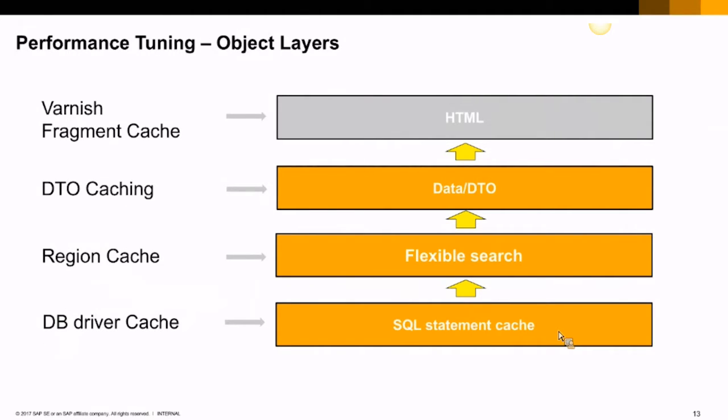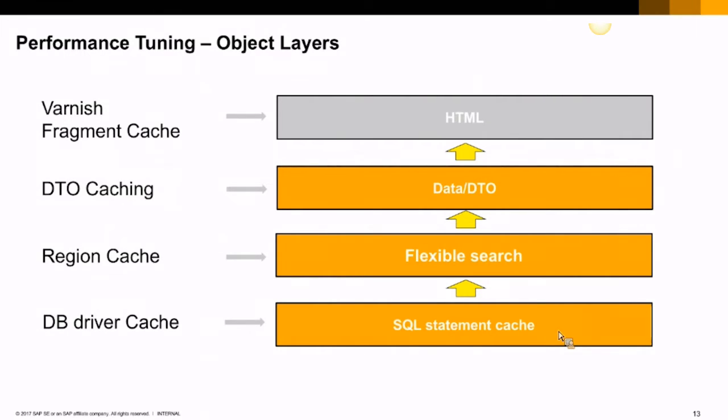I will give more details here. After this, the DTO, so basically the data that you want to expose to your customer, coarse-grained data. We can also propose DTO caching for this. In Hybris, we have the ORM, so with the flexible search, there is some region cache associated to it.